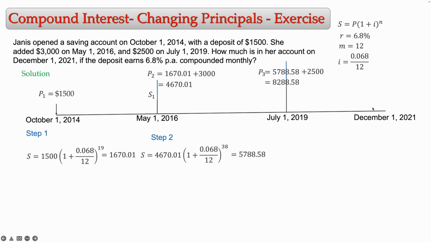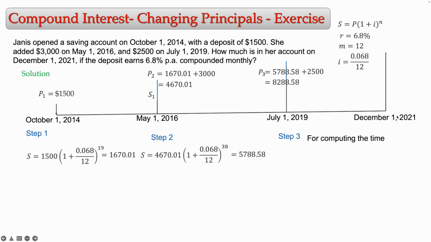So as a step 3, obviously, I will be finding this future value that I'm looking for. First, we need to find the time. For computing the time, I need to know how long was the time between July 1st, 2019, and the July 1st previous to this December 1st.